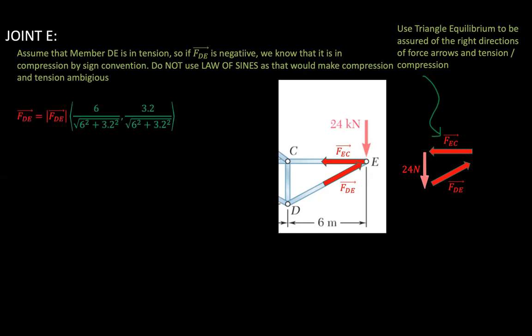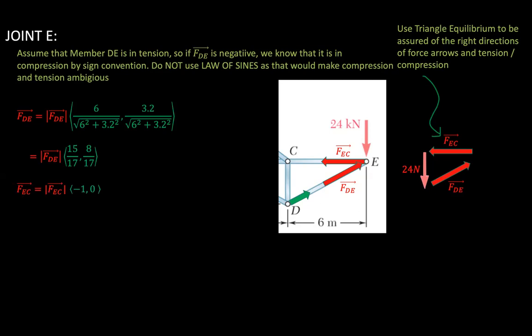So FDE is equal to the magnitude of FDE times the unit vector along the line DE, as you can see here. And that is equal to the magnitude of FDE times 15/17 for the X component, and 8/17 for the Y component.